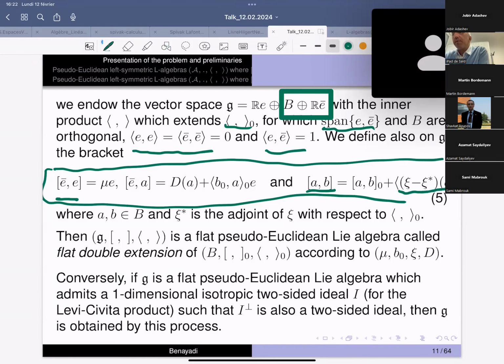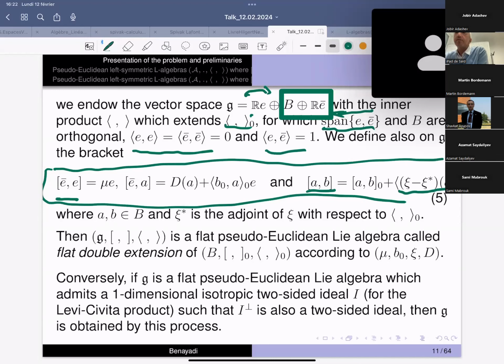The other one is another extension of this Lie algebra by a one-dimensional Lie algebra, a semi-direct product. So we have two extensions to construct this new Lie algebra. For this reason, we call this type of algebra a double extension.